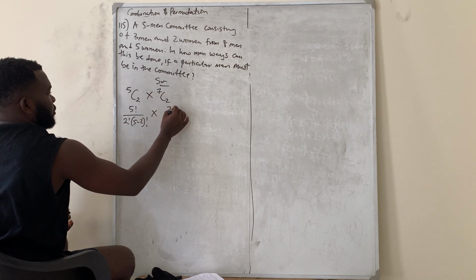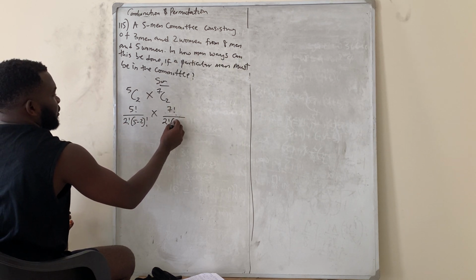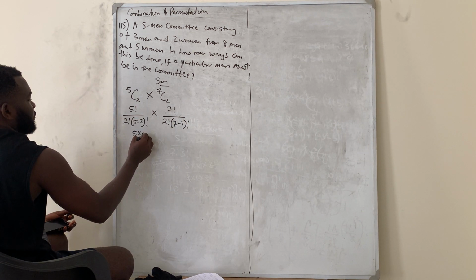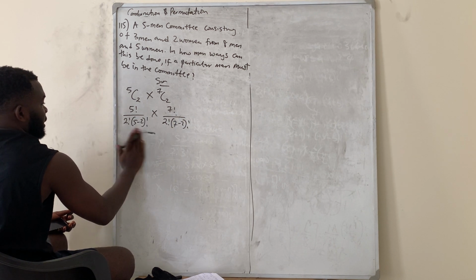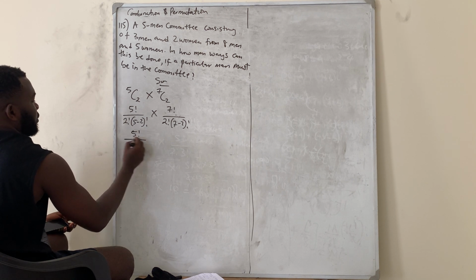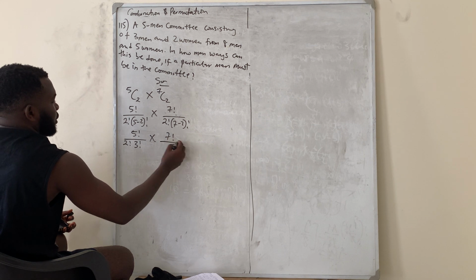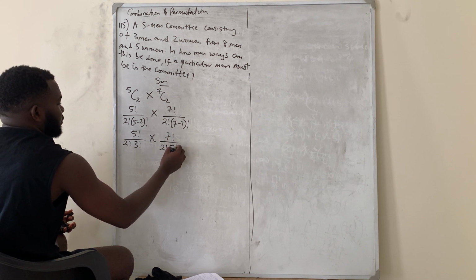So this is 7 factorial all over 2 factorial, then 7 minus 2 factorial. So which is 5 factorial all over 2 factorial, 3 factorial, times 7 factorial all over 2 factorial, 5 factorial.